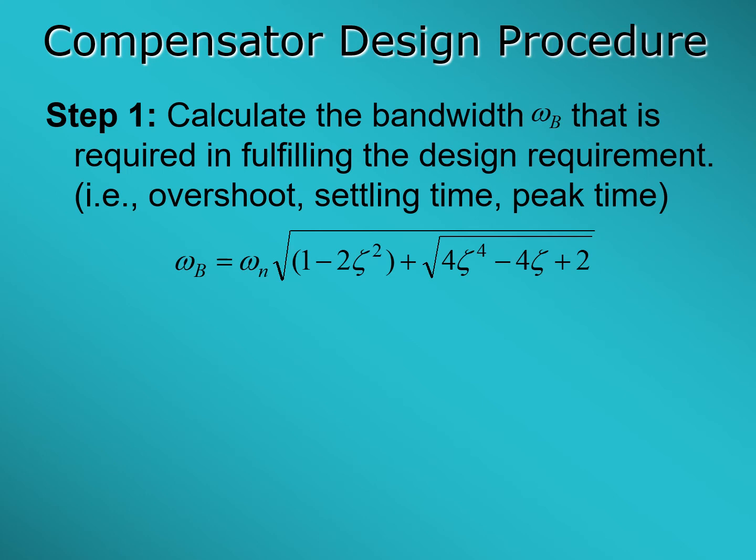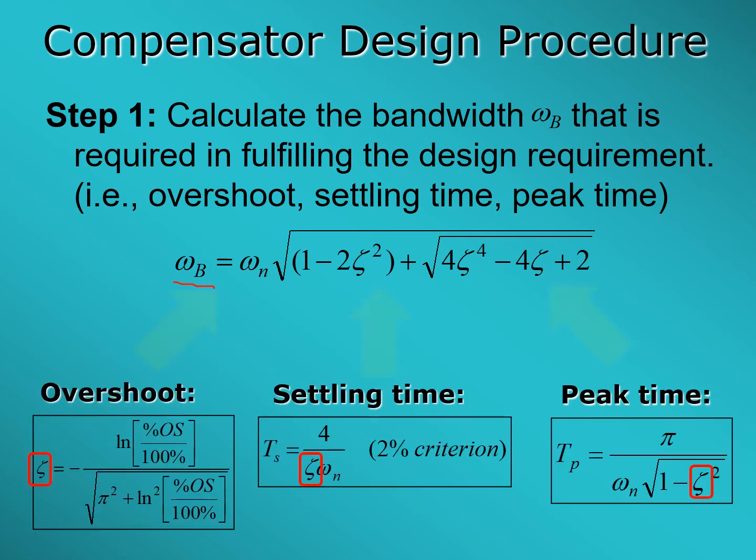You can use this formula for omega B, and it depends on the questions. You can skip this step number 1 if the question doesn't ask you to show the bandwidth. Basically you can calculate omega B by using the information from the overshoot, settling time, and also the peak time.